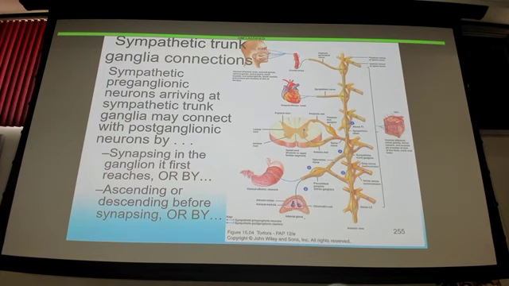Remember when we had the sympathetic trunk ganglia, there's sympathetic ganglia, then there's sympathetic trunk ganglia, and prevertebral. That goes all the way back to what I said in the beginning. They should just keep calling it what its other name is, the paravertebral. Because you're giving the location of one and not the other. That's the way my mind works. So, makes sense. Just because of where they're located.